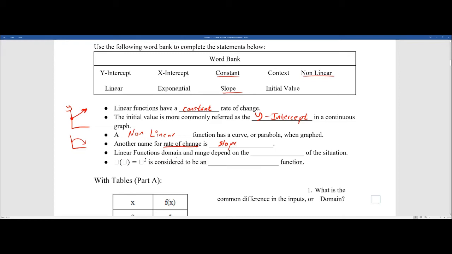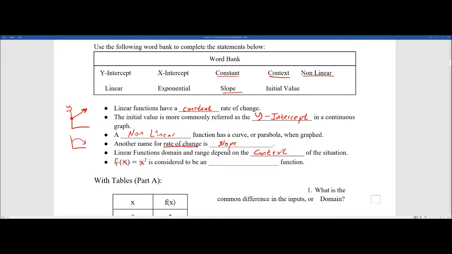Now, for linear functions, domain and range depend on the context of the situation. On your last unit test, we talked about what your domain represents, and that's context. All right, let's see. It looks like the data didn't transfer correctly from a Google Doc to the Word, but it's basically f of x equals x squared.